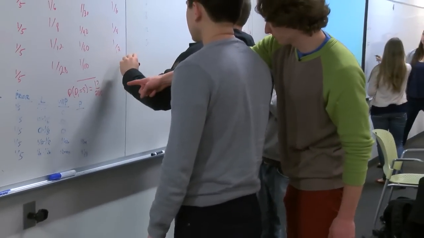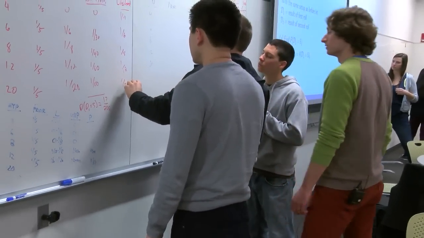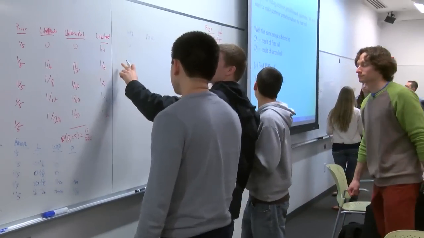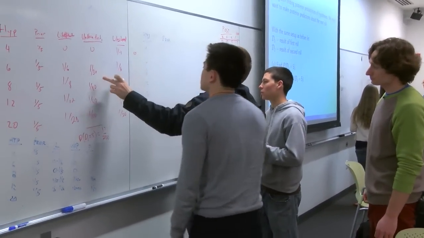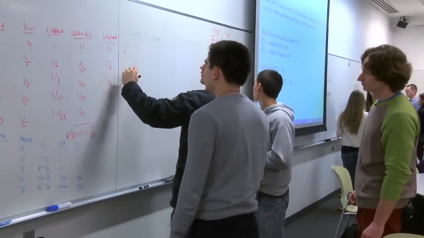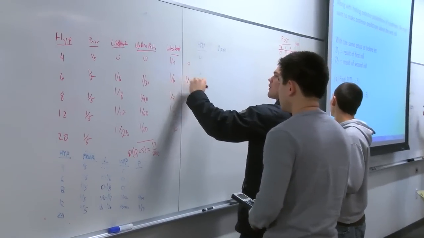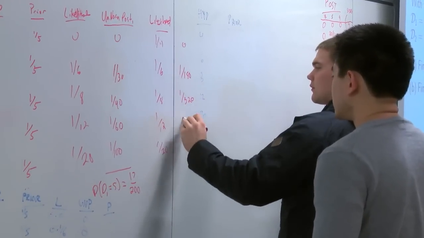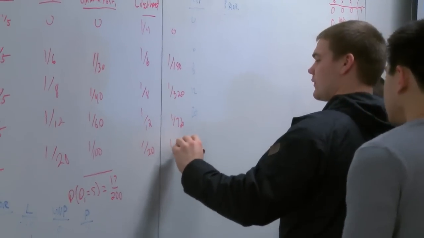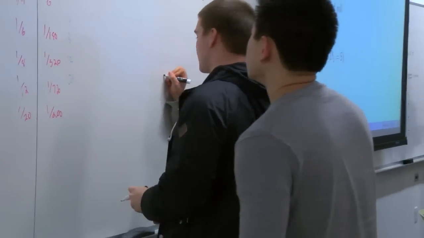Cool. All right, so this is your first answer? Right. And then now we're just multiplying across. We get 0.1 over 180. 1 over 220. 2000. Right?